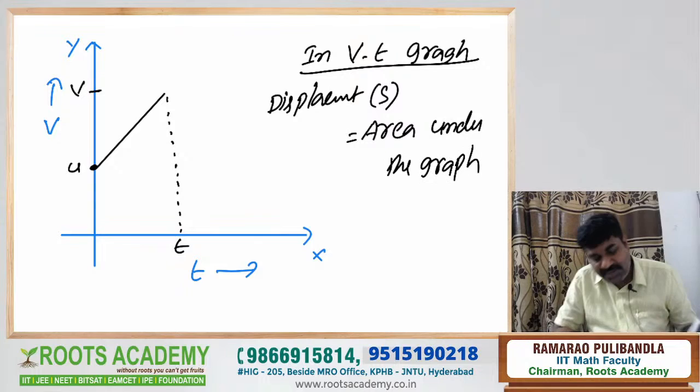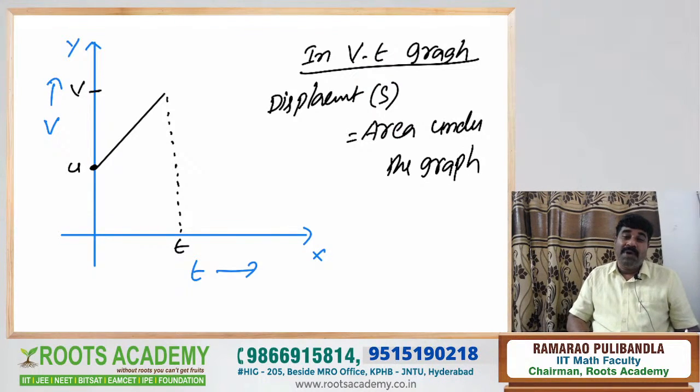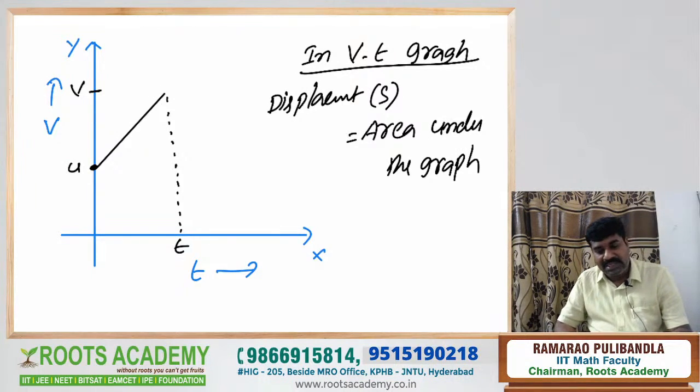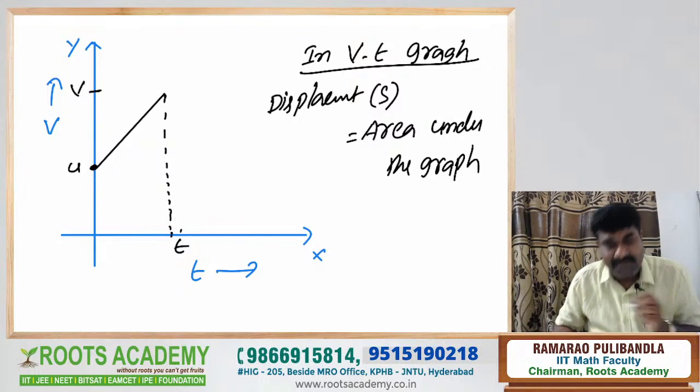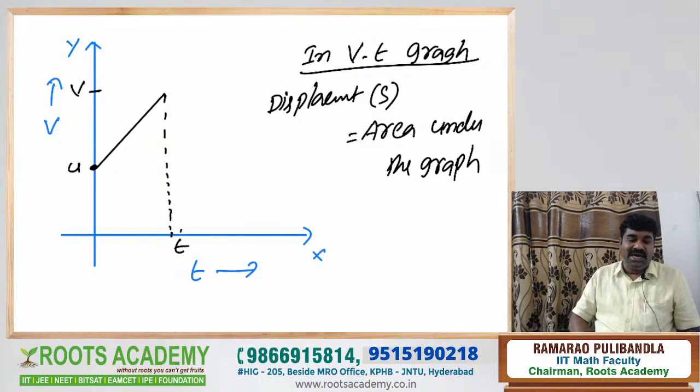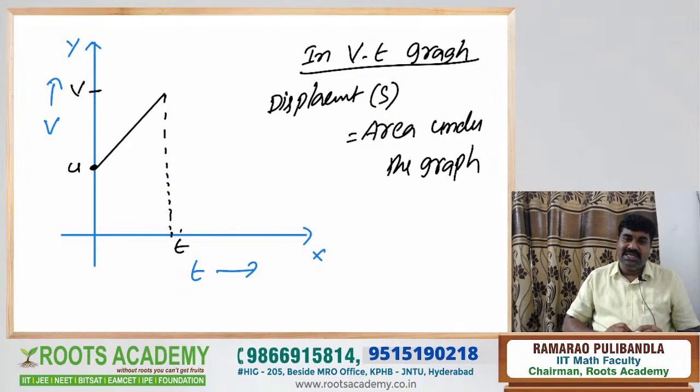Area under the graph gives the displacement. Slope of the graph gives the acceleration. And here the slope of the graph gives the acceleration, and the area under the graph gives the displacement. So we are taking the area under the graph.